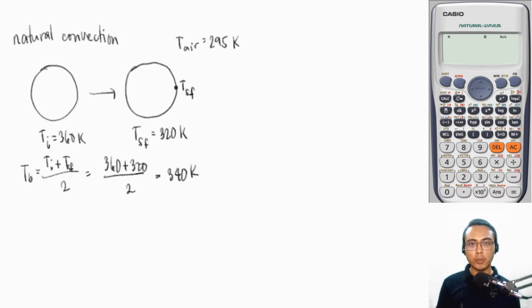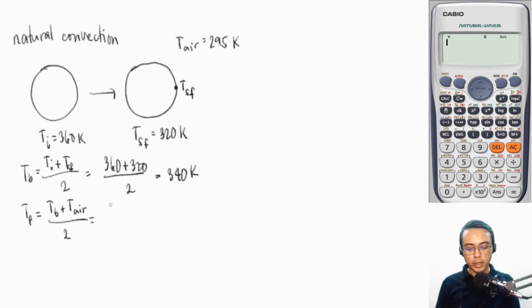Next, we have to determine at what temperature we evaluate the properties of the air. Do not get confused, because even though we were given the physical properties of rubber, those will not be useful for natural convection. What we need are the physical properties of air, and we evaluate them at the film temperature. The film temperature in this case is the average between the bulk temperature and the surrounding air temperature.